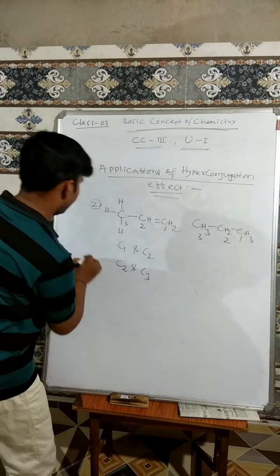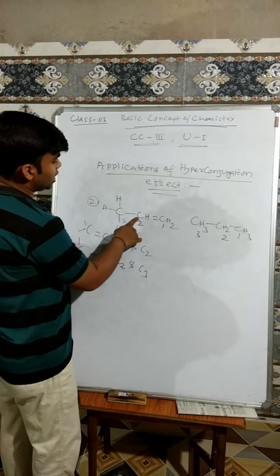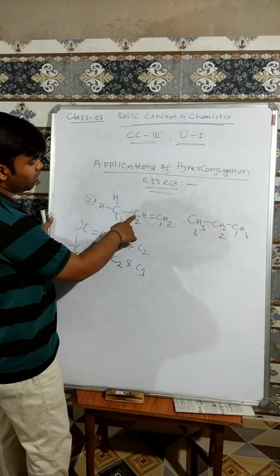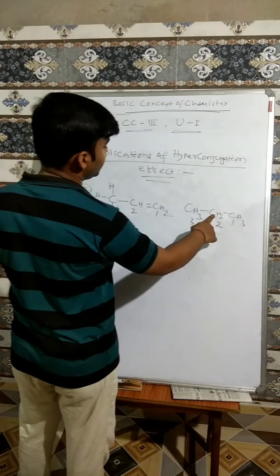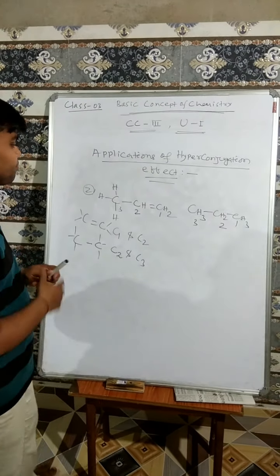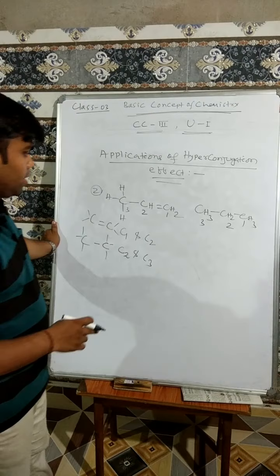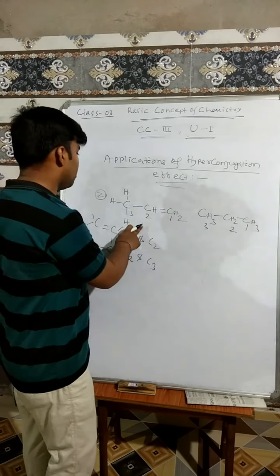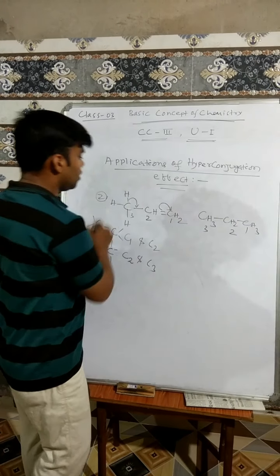Now I am going to say that in the propene molecule, such a carbon single bond carbon, that means the bond between C2 and C3, has shorter length as compared to the C single bond C in the propane molecule. Why? Because in the propane molecule, the hyperconjugation effect cannot be applied, but in the propene molecule, the hyperconjugation effect can apply.